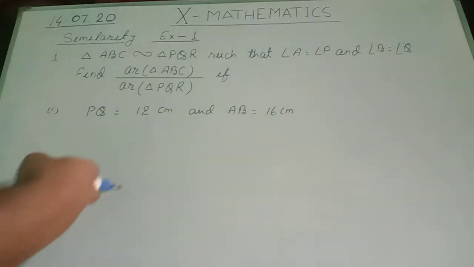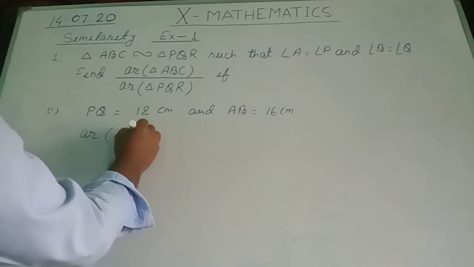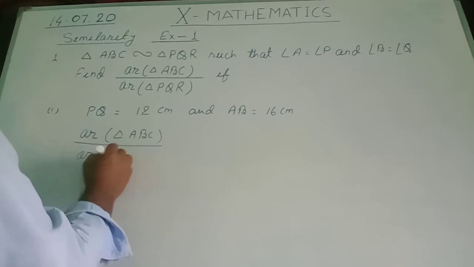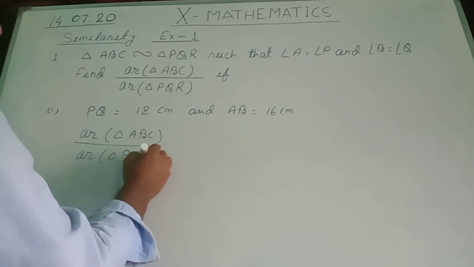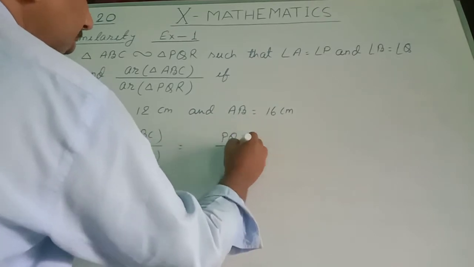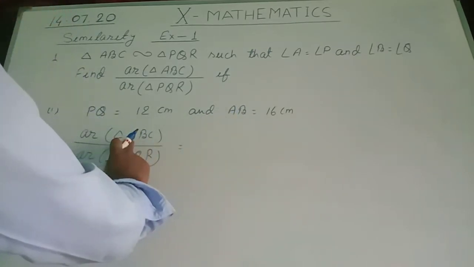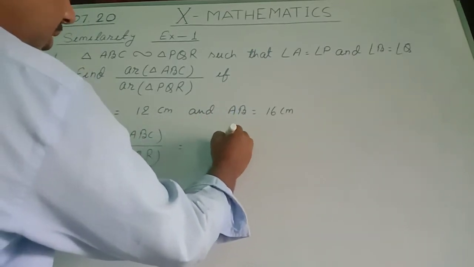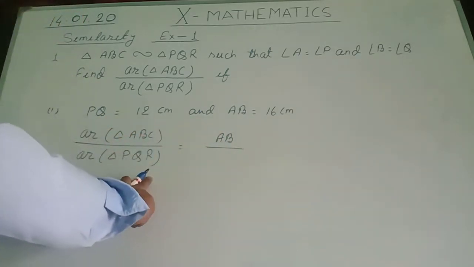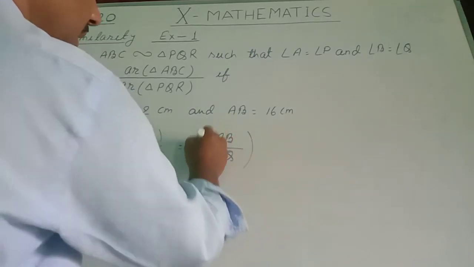The rule says, if we find the ratio of areas of these two triangles, triangle ABC and triangle PQR, then we write the square of the ratio of their corresponding sides. AB is the side of triangle ABC, so AB will be written as the numerator. PQ is the side of triangle PQR, so PQ will be written as the denominator, square of this.